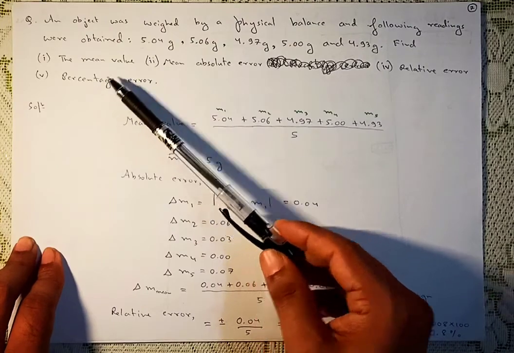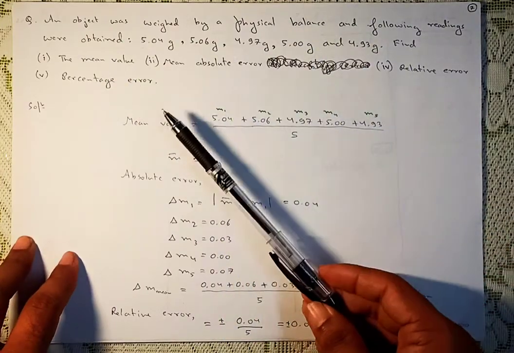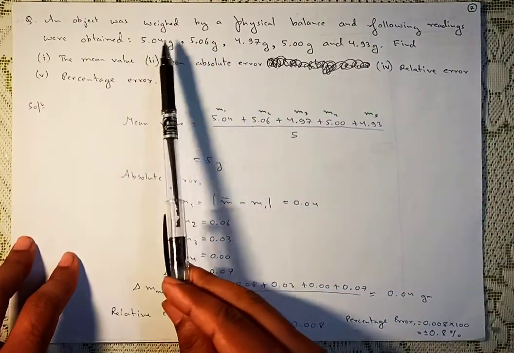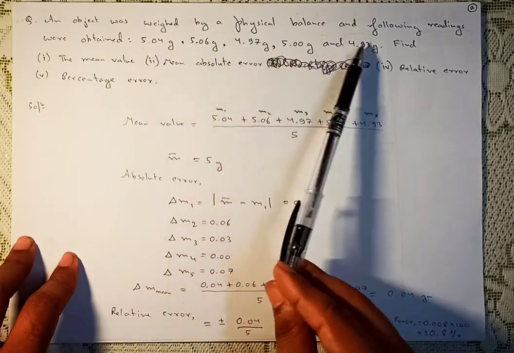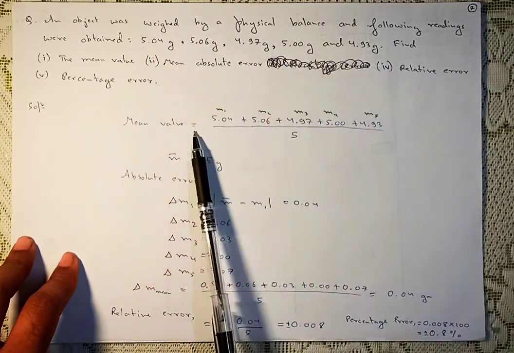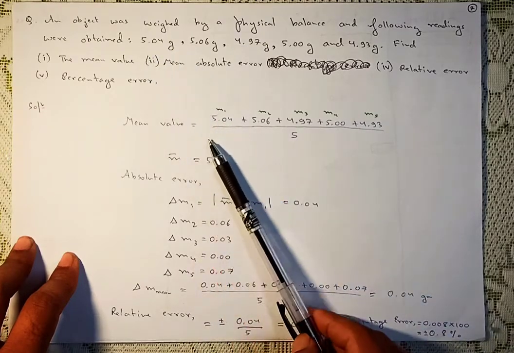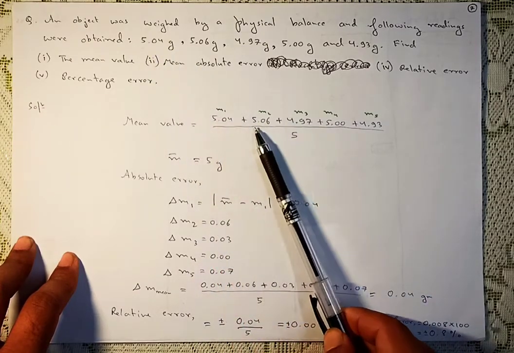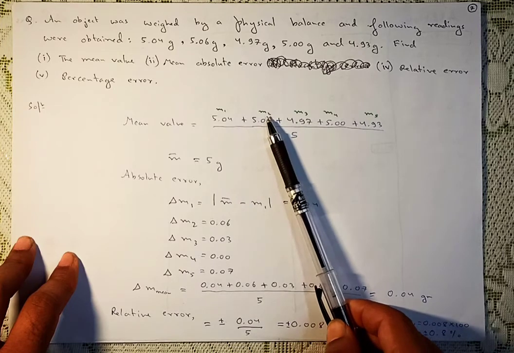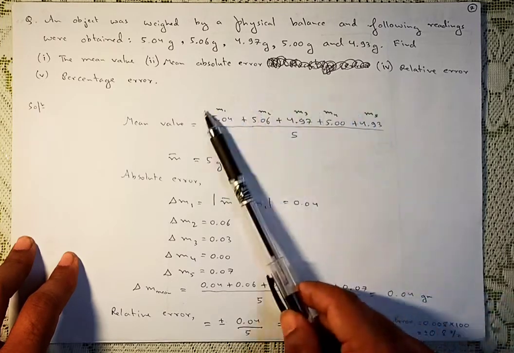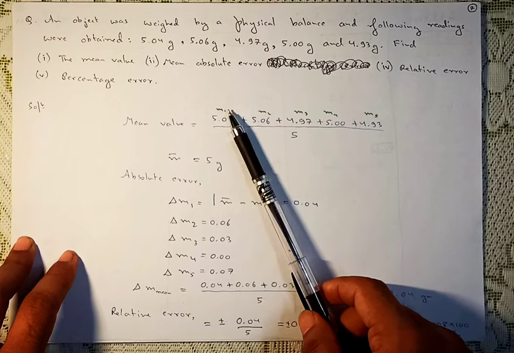These are the errors that you need to find. Start by taking the mean of these 5 values, where 5.04 can be taken as M1 and 5.06 as M2. Remember, these are the different readings of the same thing.